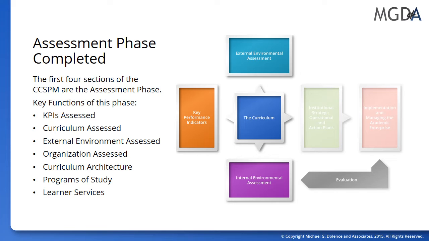At this point in the CCSPM model, KPIs are identified and assessed, the curriculum is structurally clarified and assessed, the external environment is assessed and opportunities and threats identified, the organization's strengths and weaknesses are identified and assessed, the curriculum's architecture is clarified and assessed, the structural alignment of programs of study with learner realities is assessed, and the structural alignment of learner services with learner realities is assessed. With the assessment phase complete, the model now enters the planning and management phase.